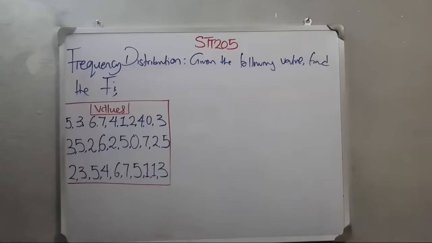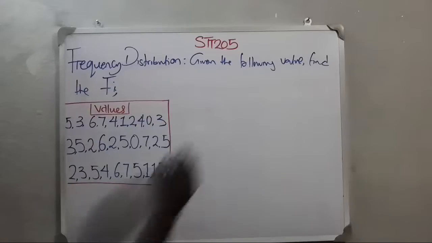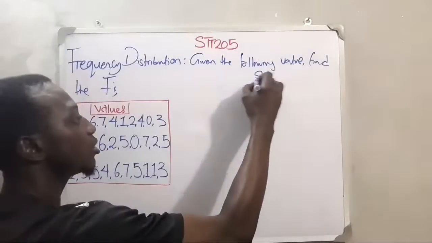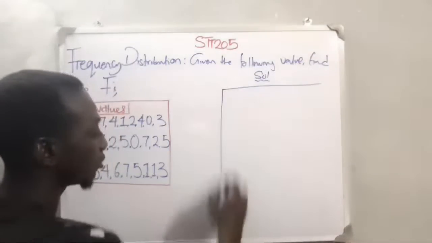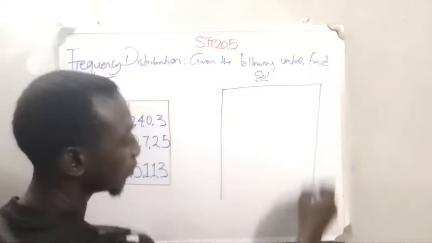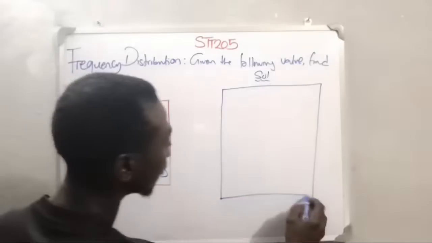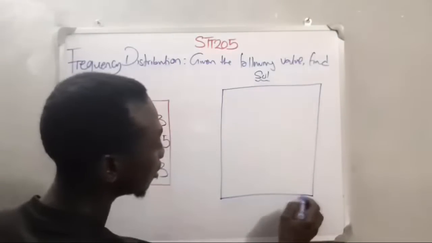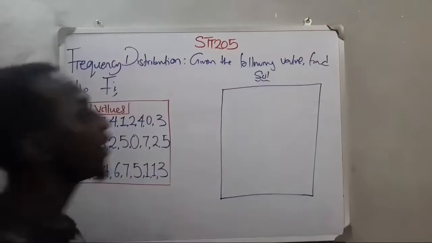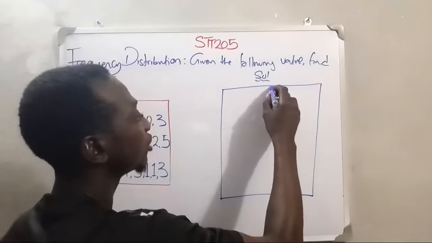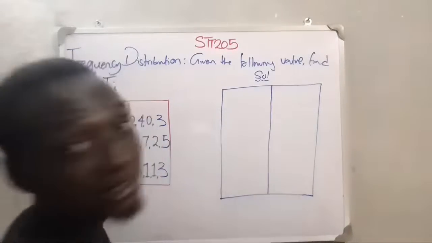Now let's sketch a table. We have the solution, but there's something we need to understand. Majority of us are not new to the system.